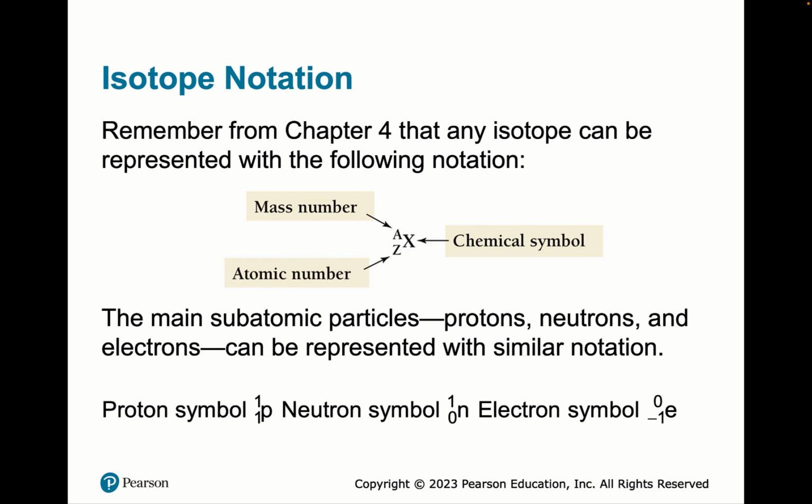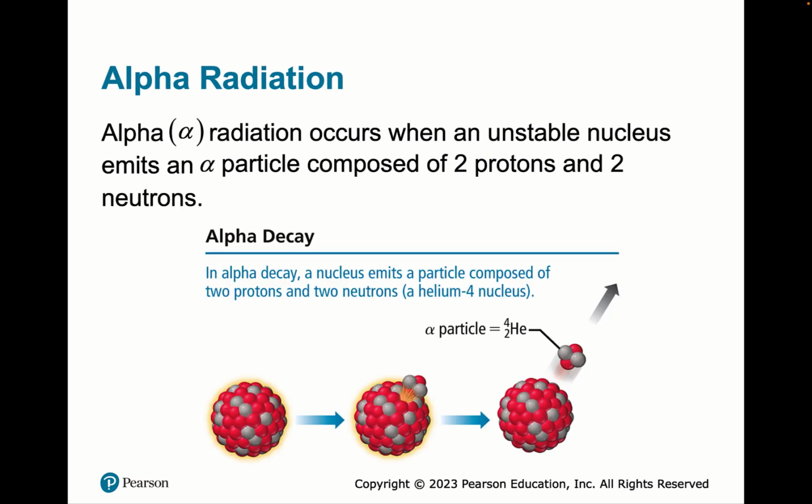So it does have a mass, but we don't really consider that in these. An electron does have a -1 charge, just like the +1 for a proton, and that's 1.6 times 10 to the minus 19 coulomb. That's the charge of an electron or proton, respectively.